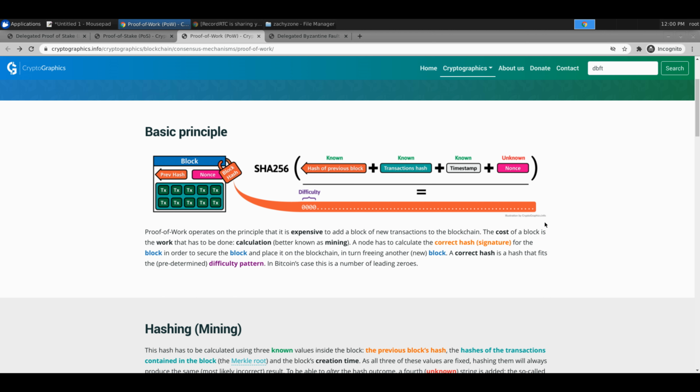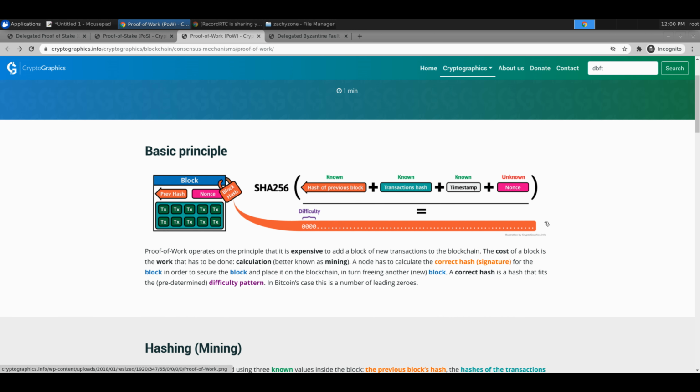The basic idea is that it should be proof of work. It's expensive to create that block. It's a lot of work to produce that block. It's not easy. You have to have hardware and stuff like that.